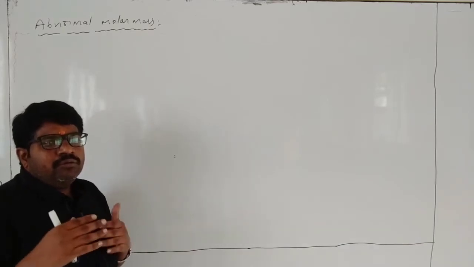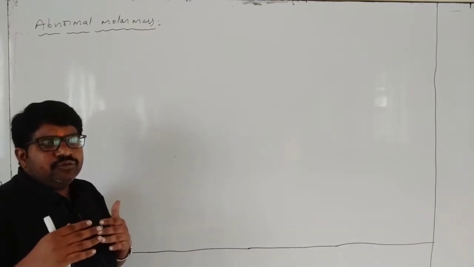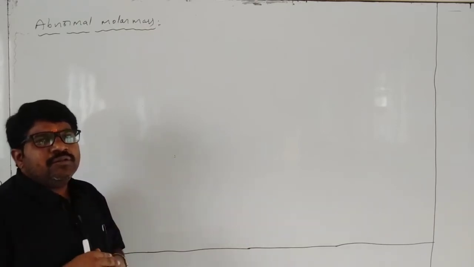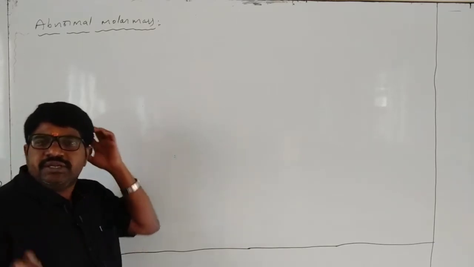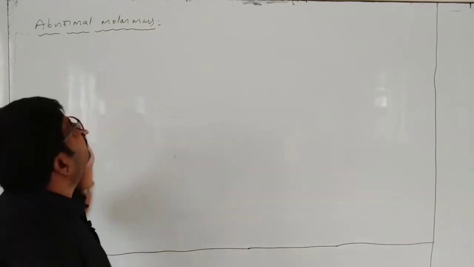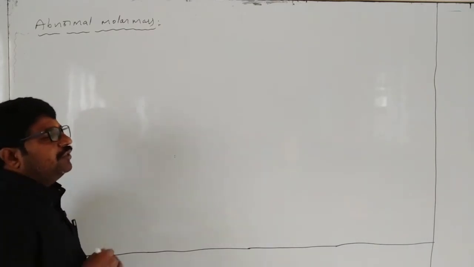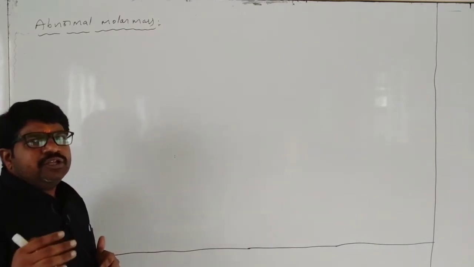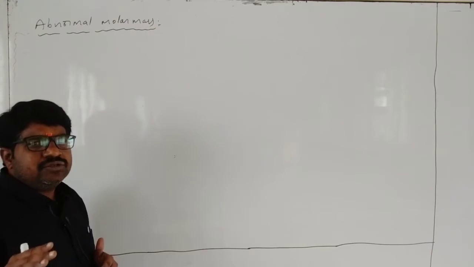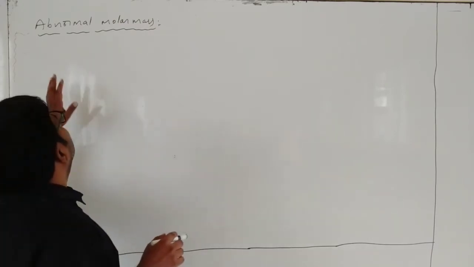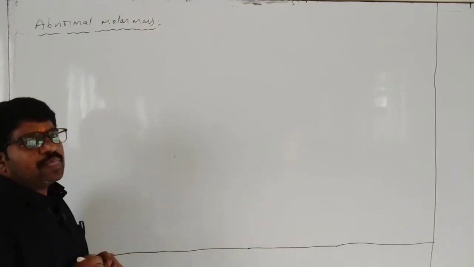That is, due to association and dissociation, the molecular weight of the solute changes. That is called abnormal molar mass.